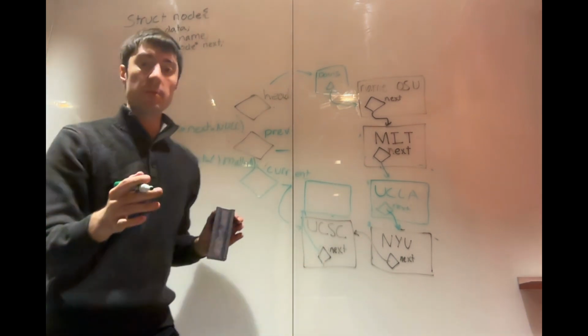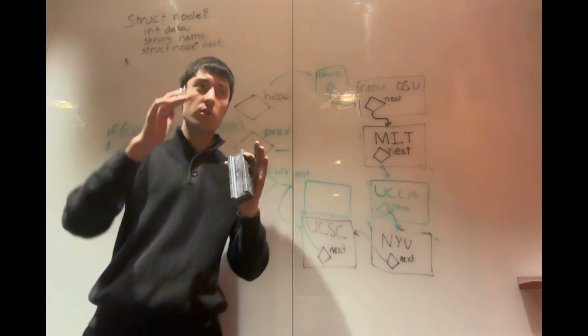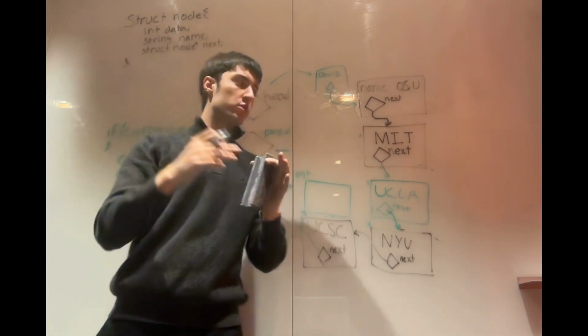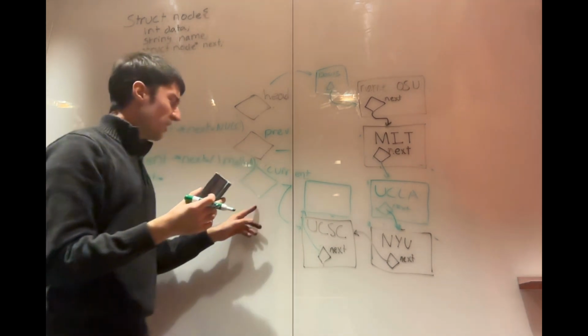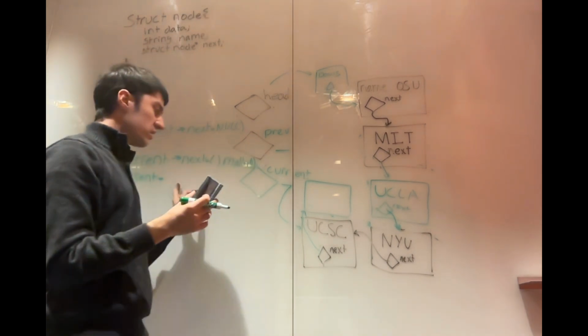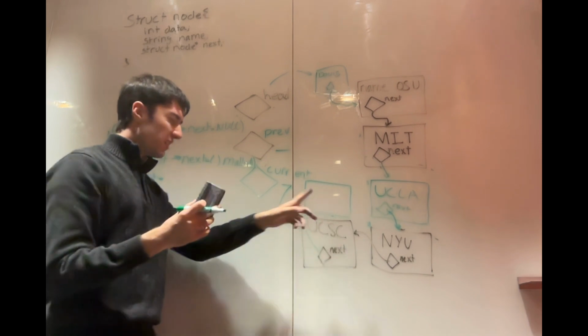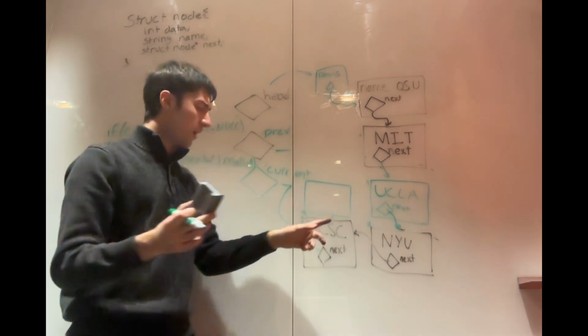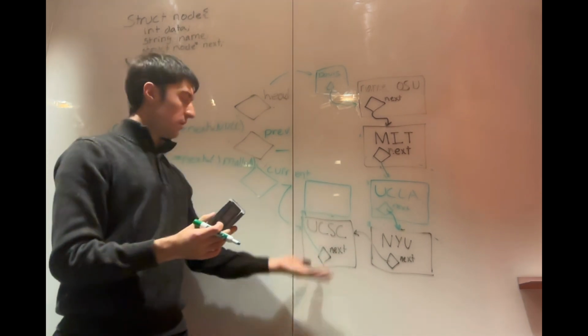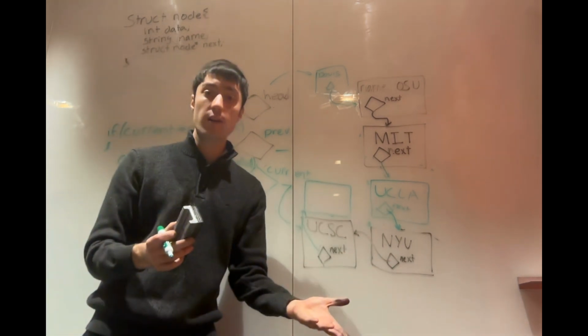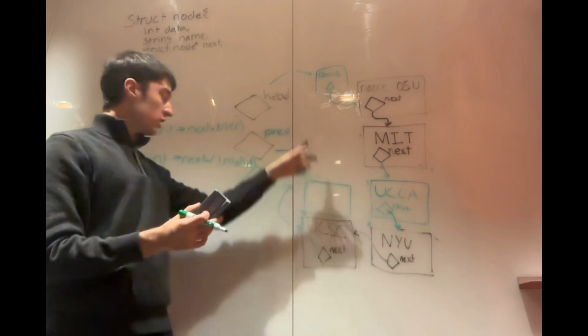And this is what I mean by always make sure that you do these pictures, because I would have been confused when I was first learning to do it. Well, I just created this. Is the node actually there, and is next pointing to it? If you draw it out, it's clear. Yes, next is pointing to it.